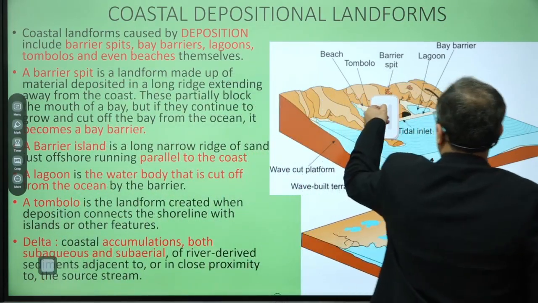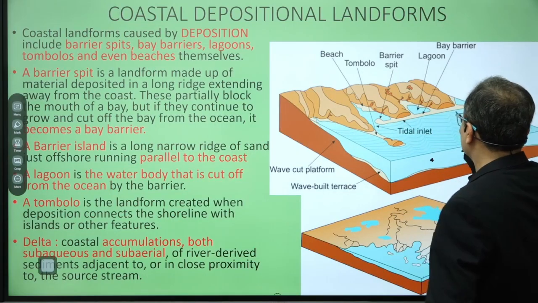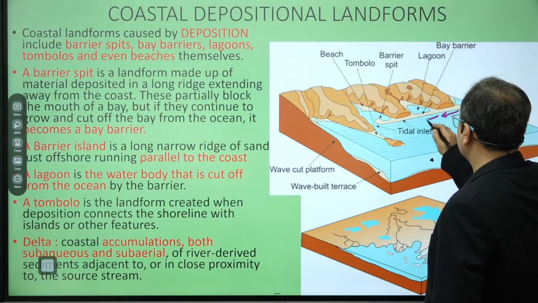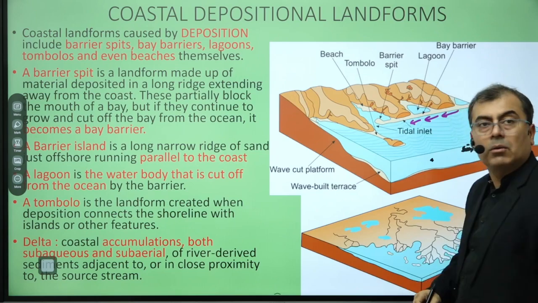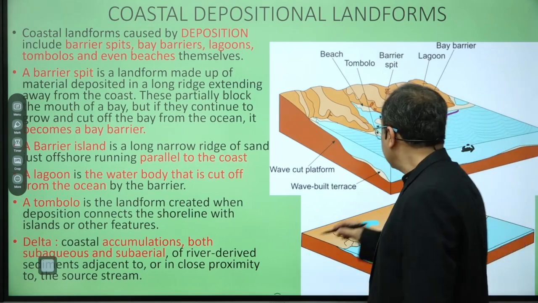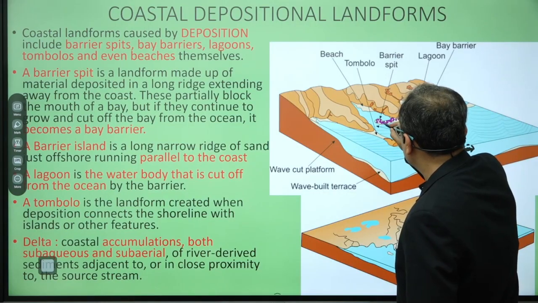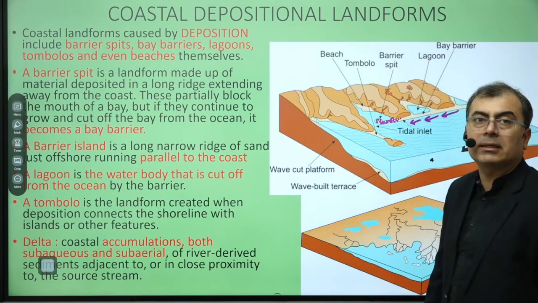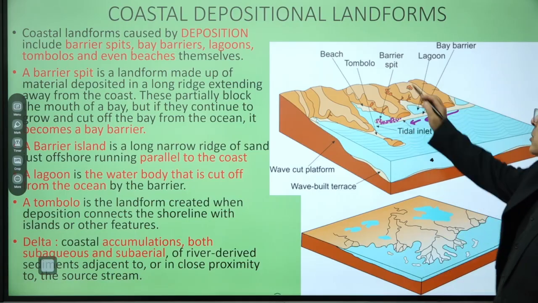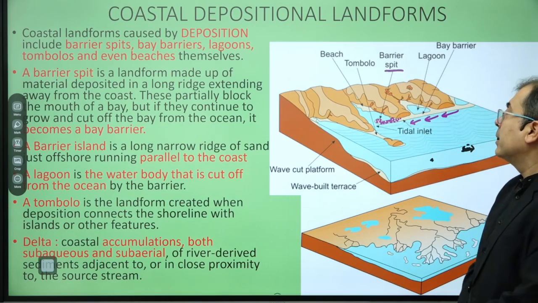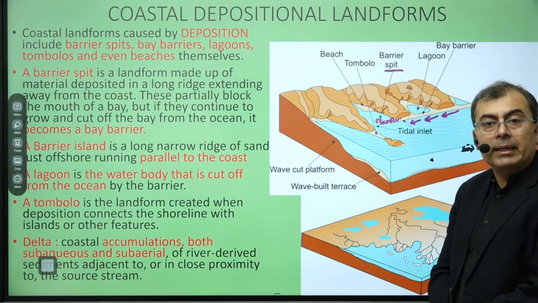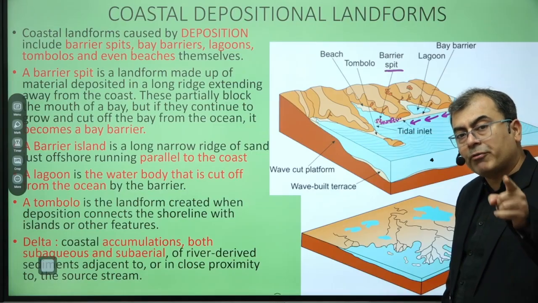What the longshore drift does is, this is the direction of longshore drift. वो sediments लेकर आता है and deposits the sediments parallel and here. So everyone, what is created? Has it created a spit or not? So this is a spit.